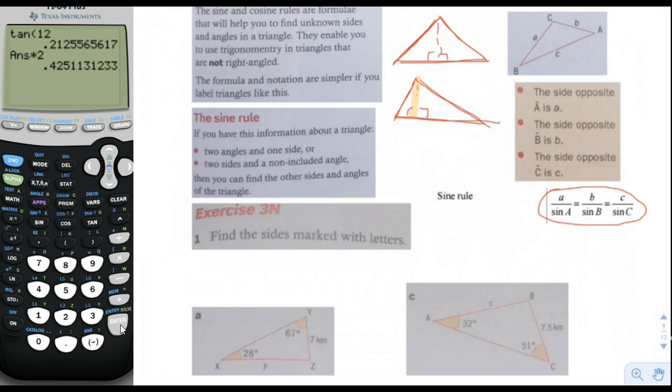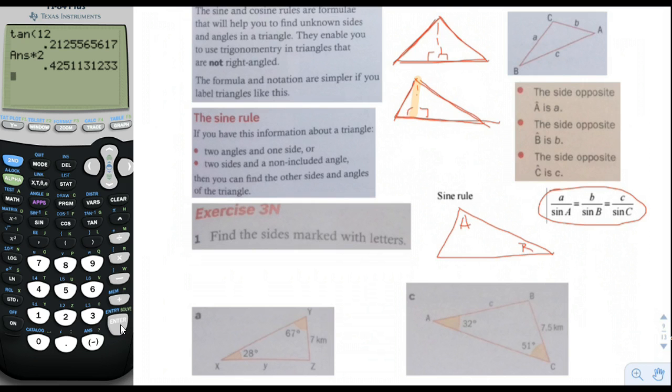Basically, you really have to be good at the labeling part now. There's a special relationship between small a and big A, small b and big B, and small c and big C. And that is, small a is opposite big A, small b is opposite big B, and small c is opposite big C. Easy to remember, right?